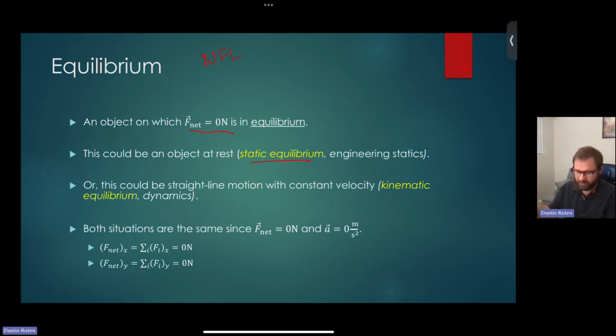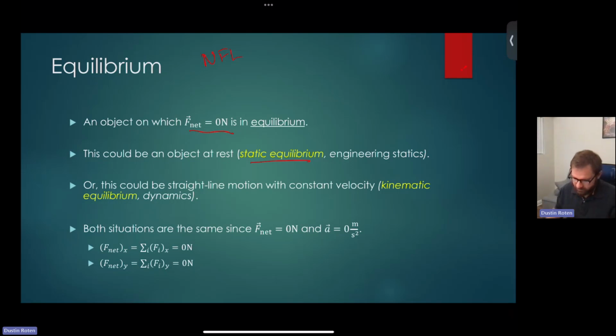But when an object is moving in a straight line with constant velocity, as long as the forces are balanced, it will do that forever and ever. Okay, so this is actually kinematic equilibrium, and this is part of dynamics, where the thing you're studying is actually moving, but just for this one instance, for whatever reason, the forces are balanced.